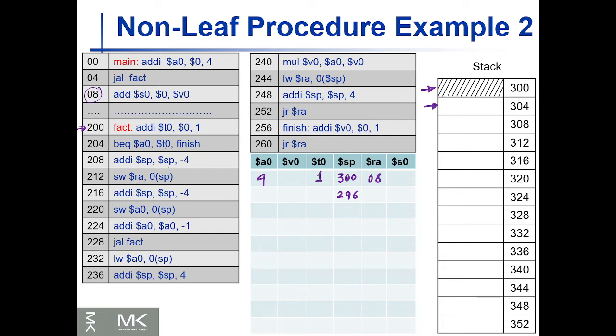Store RA, so we're gonna store RA into 296.